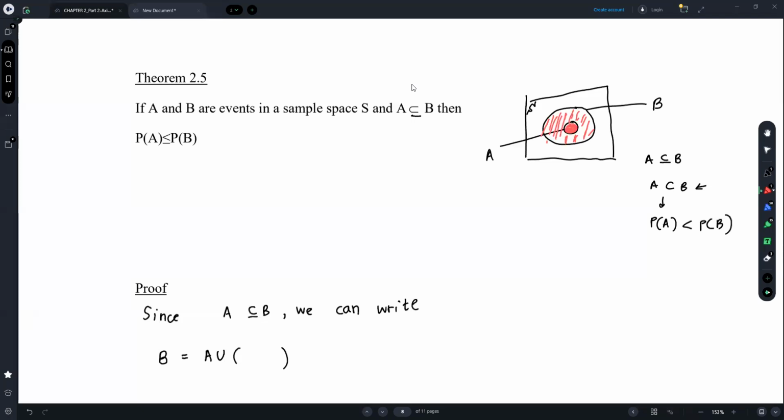That should be B intersection A's complement, right?